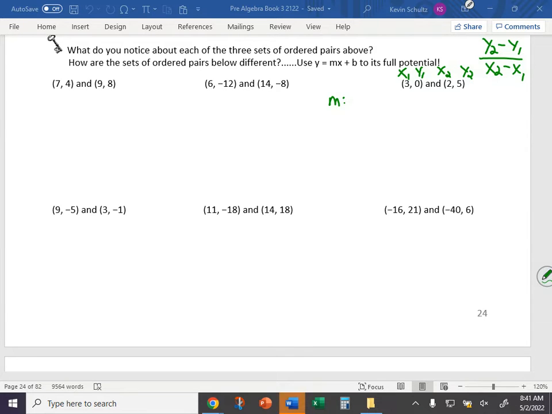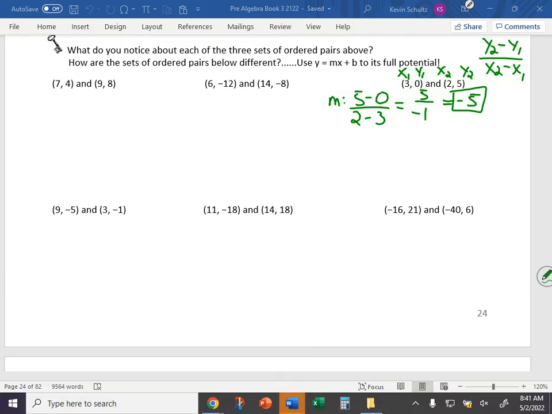So y2 minus y1 is 5 minus 0, and x2 minus x1 is 2 minus 3. That gives us 5 over -1, which simplifies to be what? -5, right? 5 divided by -1 is -5. There's the slope.